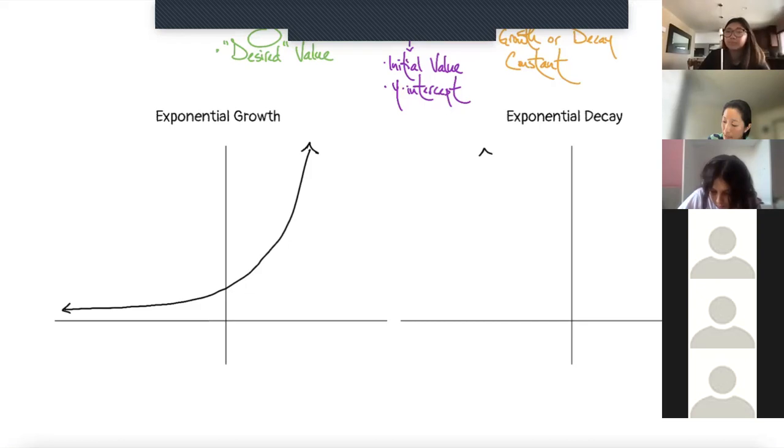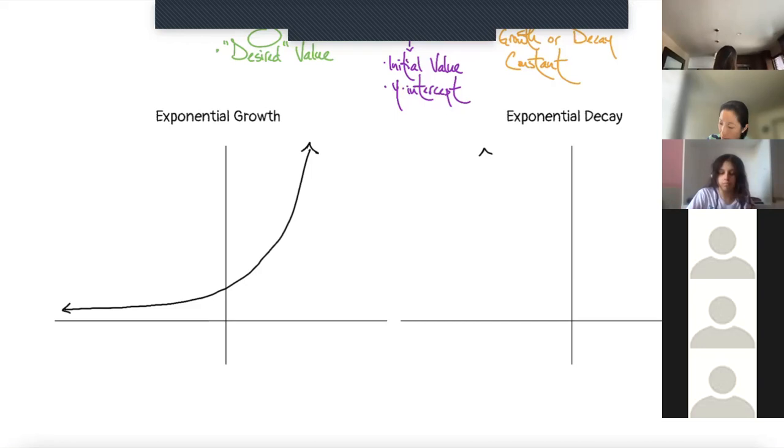But then as time goes on, the function starts to lose value. At first, sort of quickly, and then it starts to flatten out a little bit more. Okay. And so our exponential growth and our exponential decay both have that same shape, except one is going up and the other one's going down.